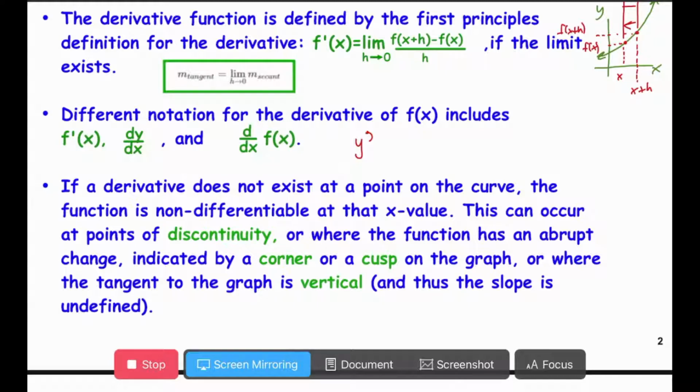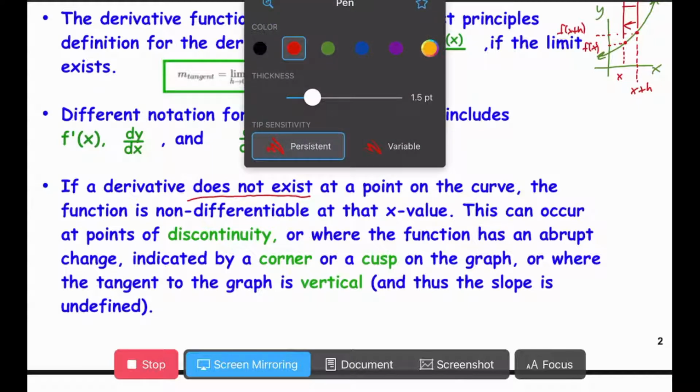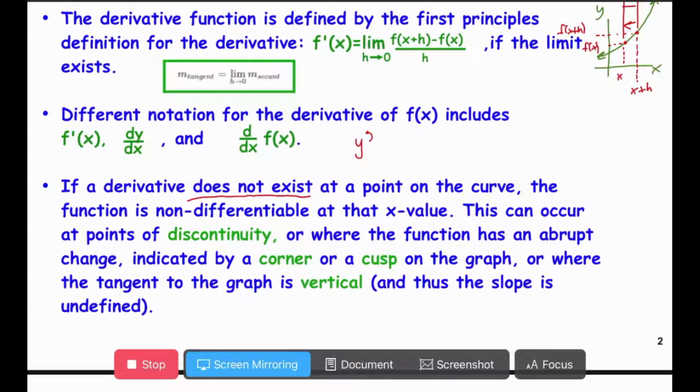This can occur at points of discontinuity, so if there is an asymptote, or a hole, or a jump discontinuity, or where the function has an abrupt change indicated by a corner or a cusp on the graph, or where the tangent to the graph is vertical, and thus the slope is undefined. Those are the places where the derivative does not exist. We've seen those all before, just good to reflect and review on what we know.